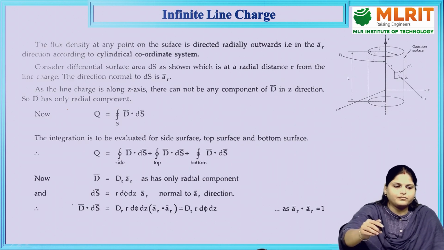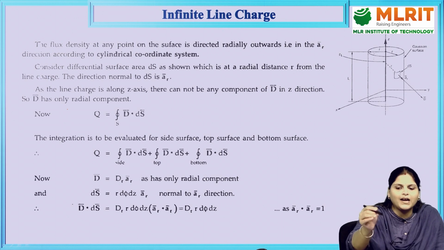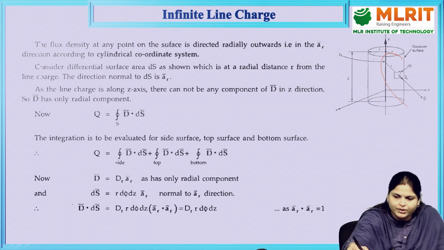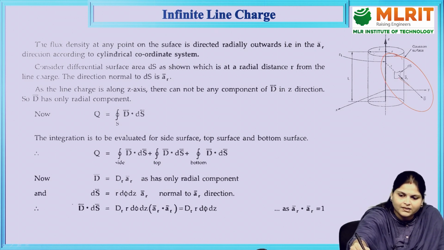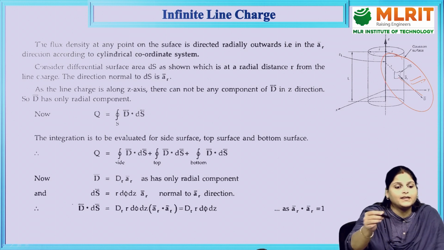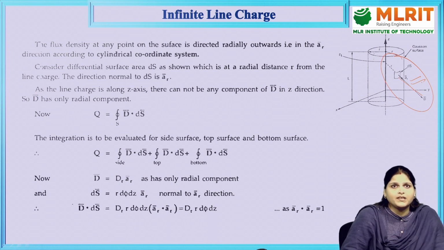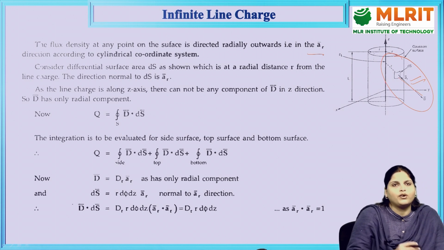Next, the flux density at any point on the surface is directed radially outward. In this portion you can see, and the unit vector is given by again a_r. So the flux density at any point on the surface is directed radially outward, that is in the a_r direction according to the cylindrical coordinate system.